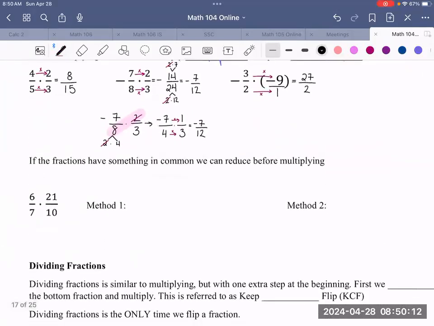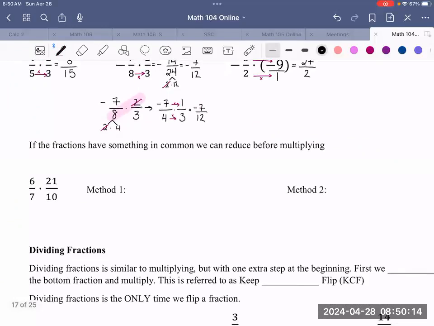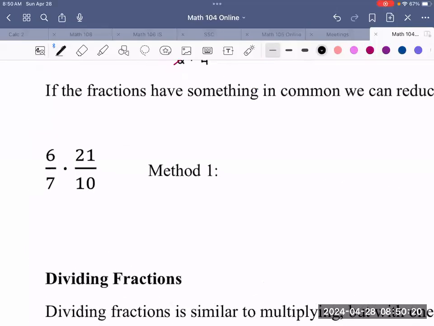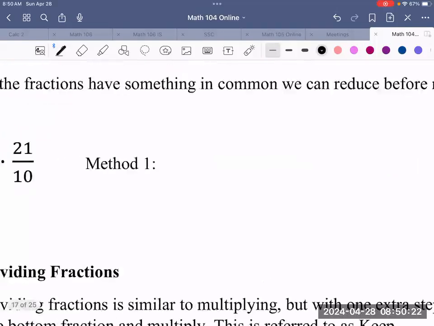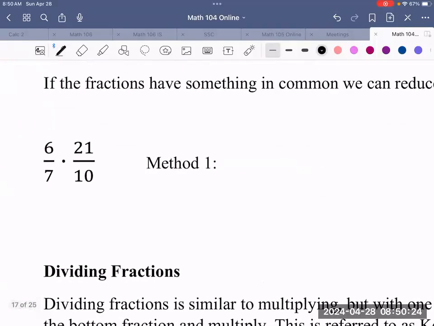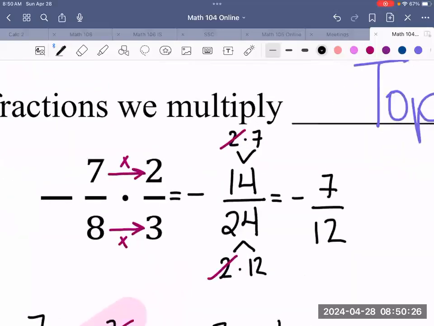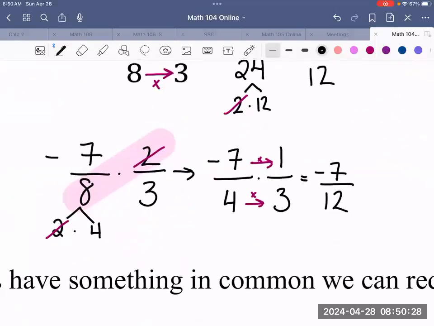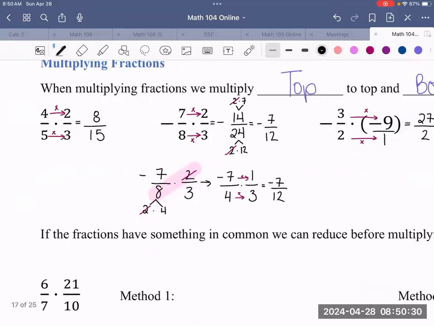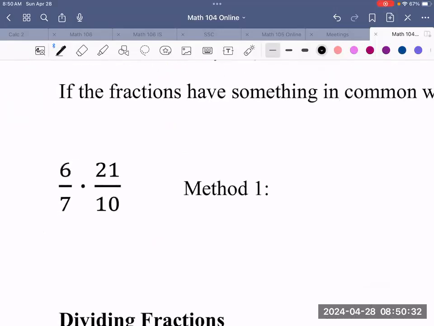All right. Now we actually just did this part just a moment ago, but let's give it some practice as well. So let's see, and don't worry about method 1, method 2, you just determine, do you want to do this part up here or this part down below? So let's say we did not remember to reduce a little bit. So instead we're going to multiply straight across.